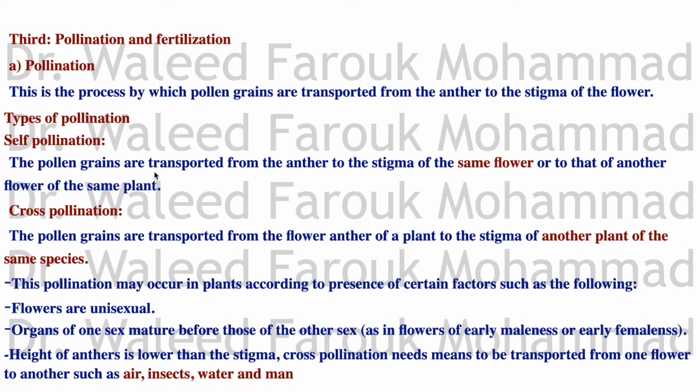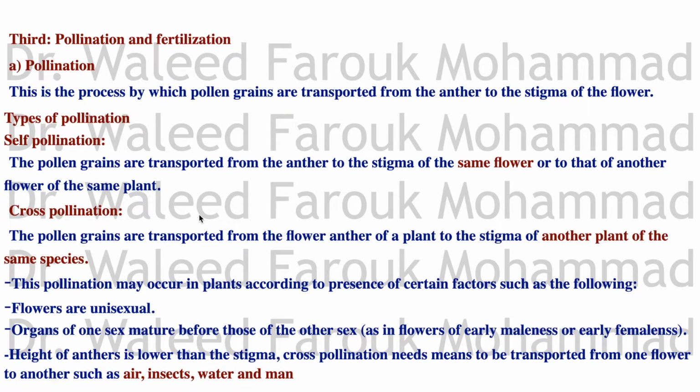Or on another flower, but on the same plant. So either the pollination occurs in the same flower or on another flower on the same plant. It's not another plant. All this is called self-pollination. Cross-pollination: pollen grains are transported from the anther of a flower of one plant to the stigma of another plant.